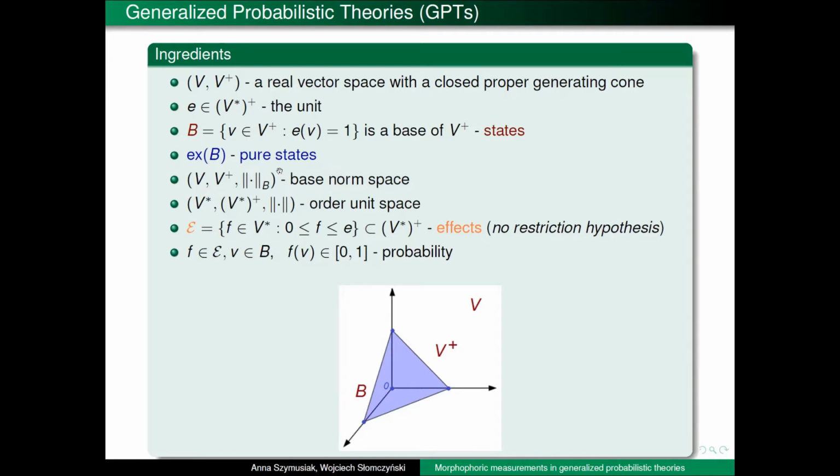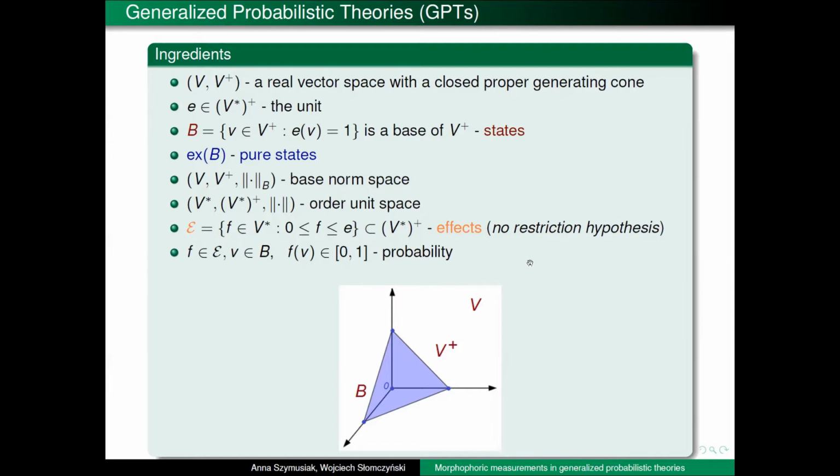So we obtain, at the end, some Banach space called a base norm space, and some dual Banach space called an order unit space. And the elements of this dual space, which lie between 0 and E, are called effects.